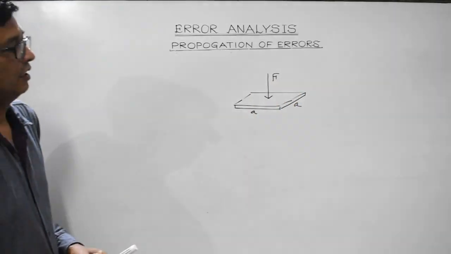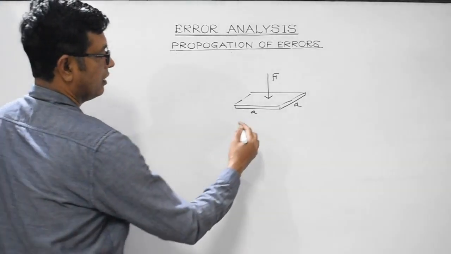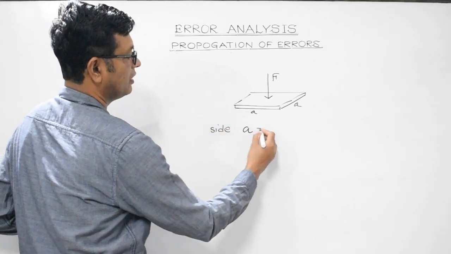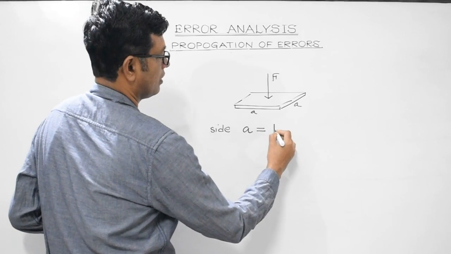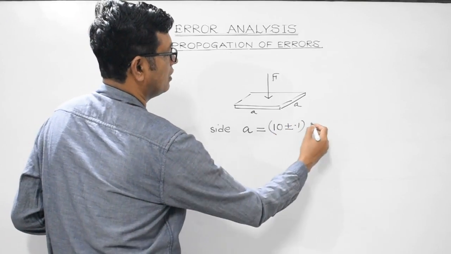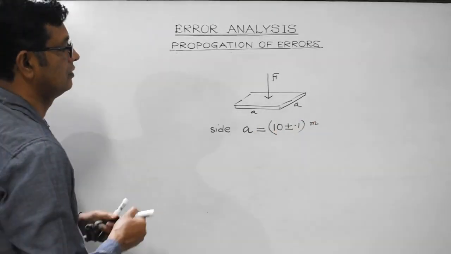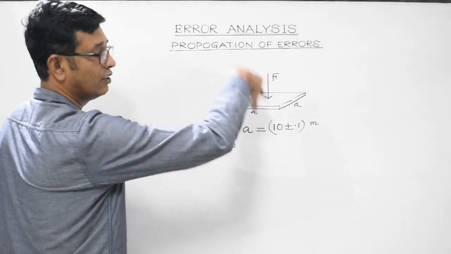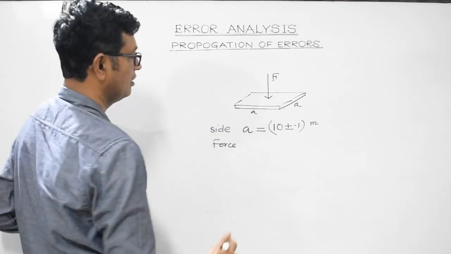Right? Now my question is, the side of this square plate is measured to be, suppose, 10 plus minus 0.1 meter, right? And let us consider the force which is acting on the square plate in a normal direction, perpendicular to the area.